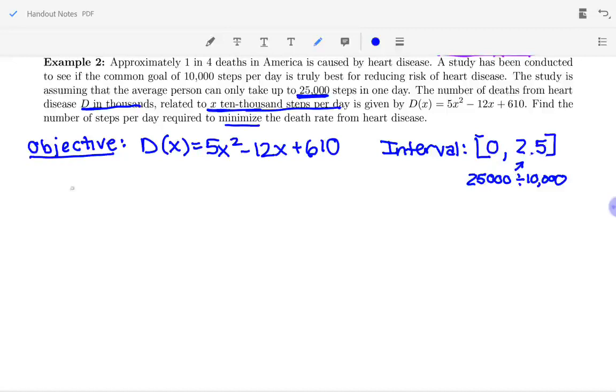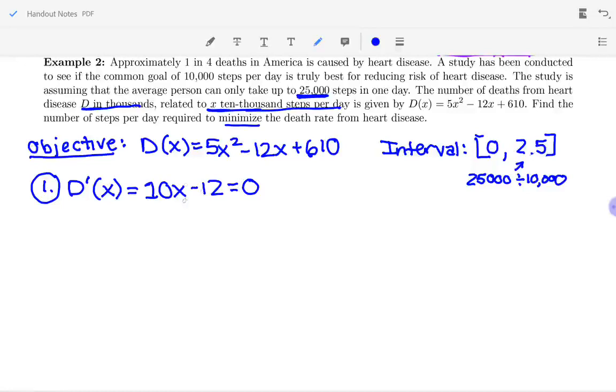First, we're going to see what the critical numbers are. Maybe the critical number will really be 1, which times 10,000 would stand for this 10,000 step goal, and we'll really minimize the death rate. Or maybe that's not the actual goal we should have. So let's see. Our derivative is going to be 10x minus 12, which is great because we don't have an x squared, so we don't have to factor.